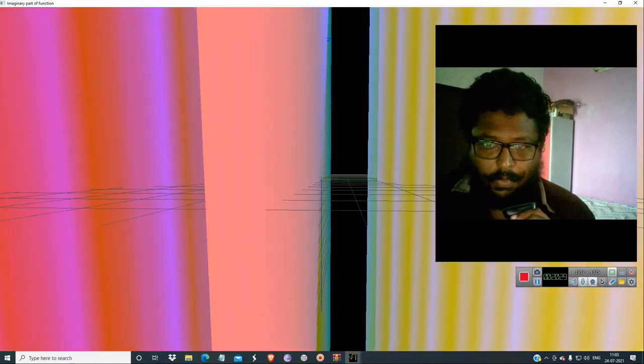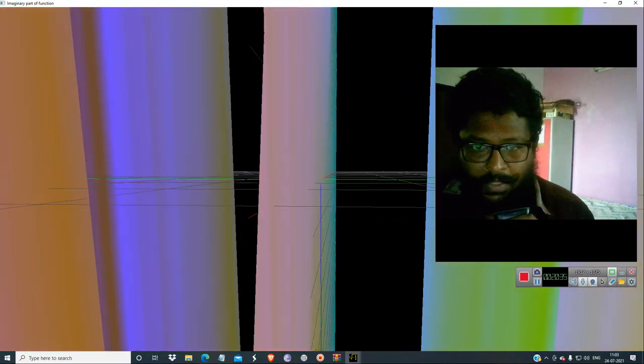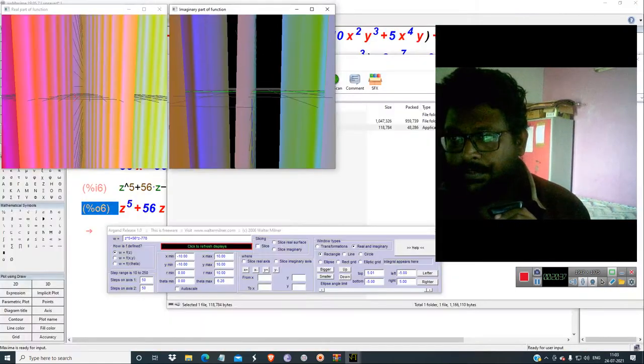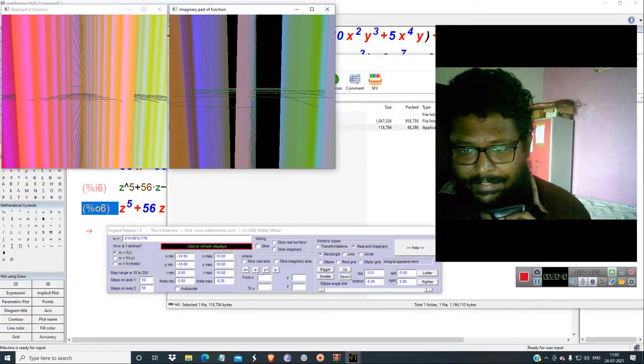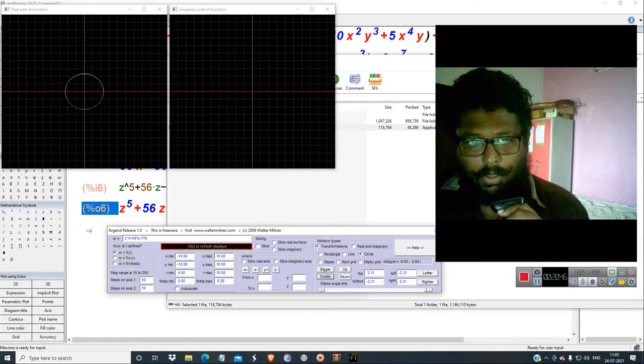When you travel into the space of these complex functions, it is so bizarre that I am just lost in this. I could not find my way out. Okay, right. Let me show you the circle grid. This is the circle grid. When you go small, there is nothing over here.